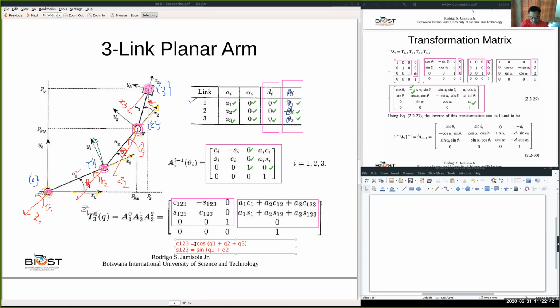So 1, 2, 3 is an addition of all the thetas, theta 1, theta 2, theta 3, in this case Q1, Q2, Q3, and C is the cosine, and S1, 2, 3 is sine of the addition again of theta 1, theta 2, and theta 3.